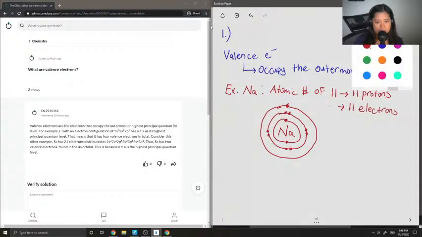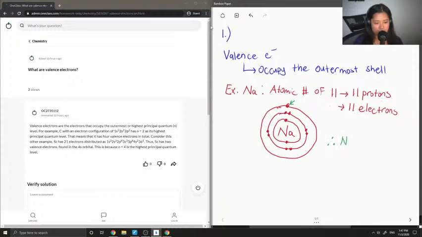So here I drew out 11 electrons for sodium. And if you look, it only has one valence electron. That's an easy way to find out how many valence electrons you have.